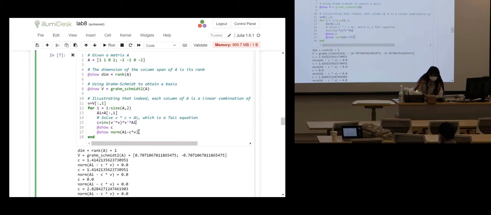Because the coordinate is just a scalar, we can write it before V, but usually we write the coordinate after the basis.